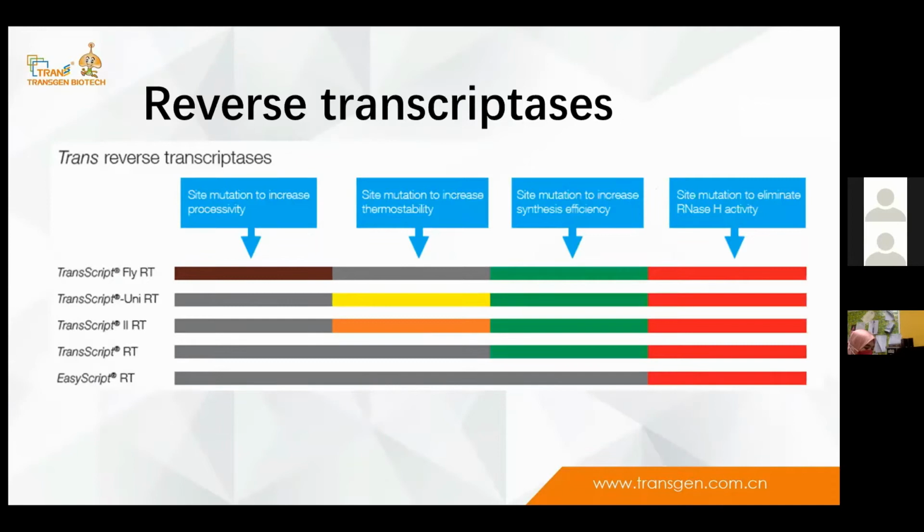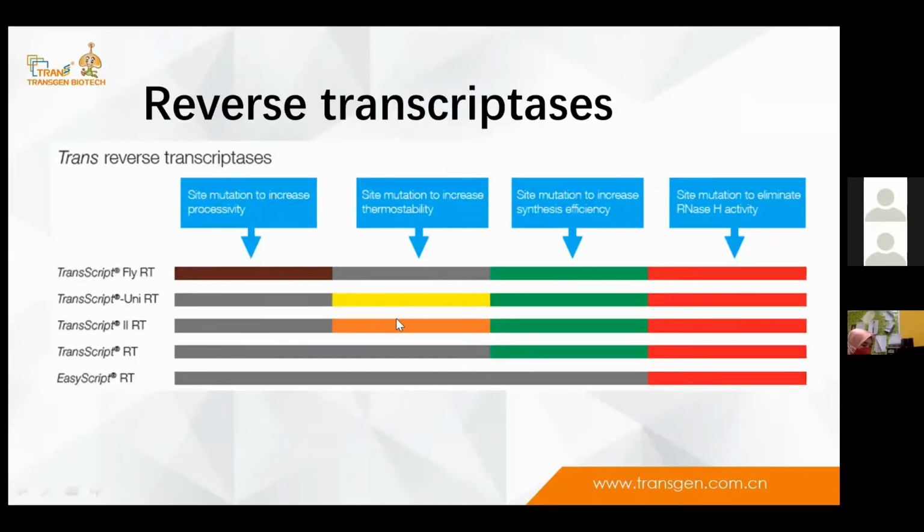So here we have 5 different core enzymes of reverse transcriptase. The first, Script Reverse Transcriptase 101, is the very basic one. The other is the transcript reverse transcriptase, which has site mutations to increase the synthesis efficiency. The transcript 2 and transcript uni reverse transcriptases have site mutations to increase the thermal stability.